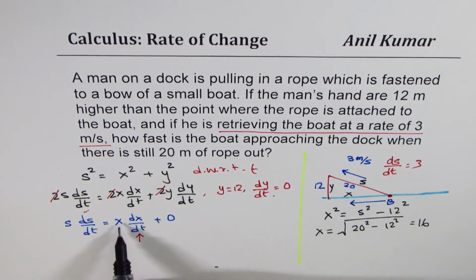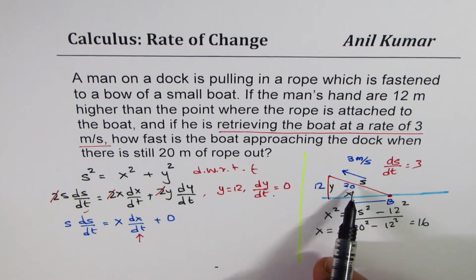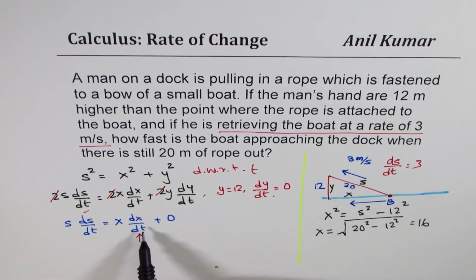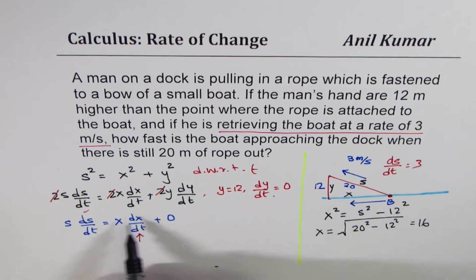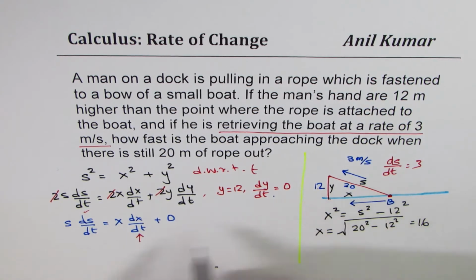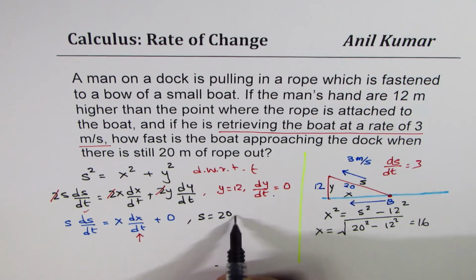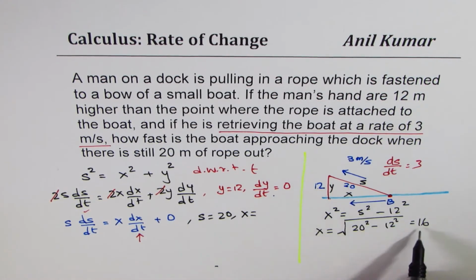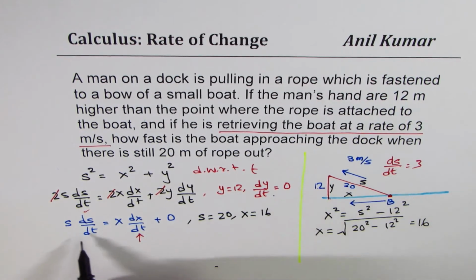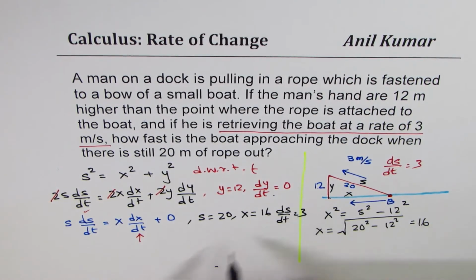So we know x is 16, we know s, the separation, is 20, and we have to find dx/dt. So now it's very simple, correct? Let's replace all these values. So s is 20, x is equal to 16, right? And ds/dt equals 3.